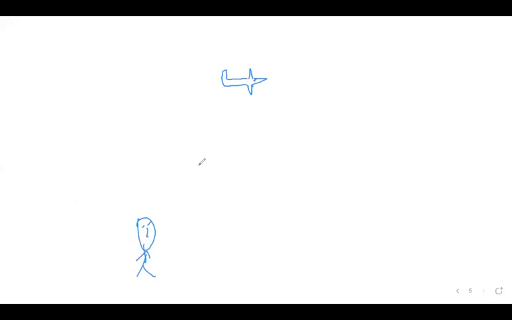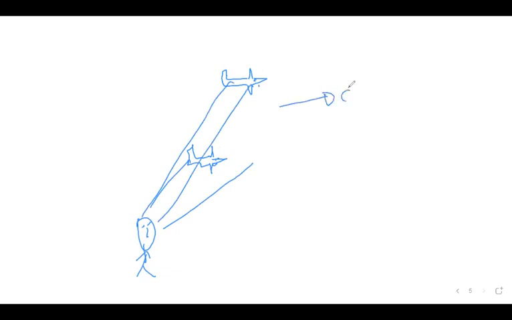If this plane is closer to the destination node, then the angle with respect to this node will be changing very frequently as compared to this node.